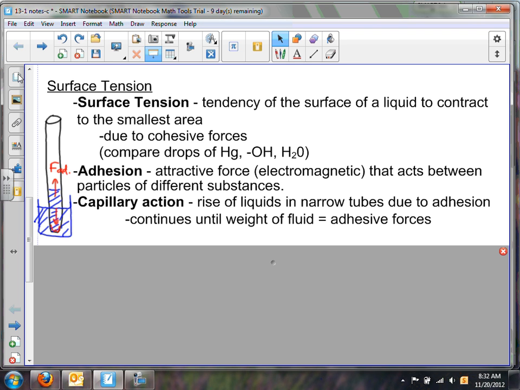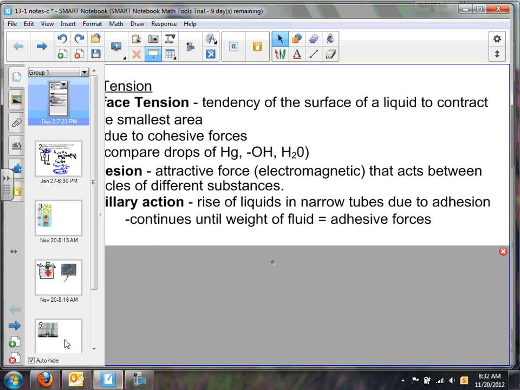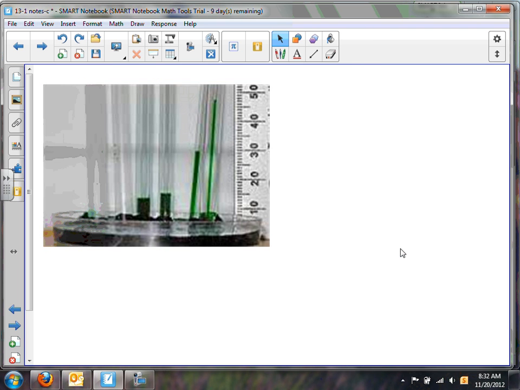Which leads to some interesting things. Obviously, the wider the tube, the lower it can rise before the weight is equal to the adhesive force. So this is trying to show you all these different width tubes. Here's how wide the first tube is. There's the next tube. There's the next tube. A little narrower. Narrower.